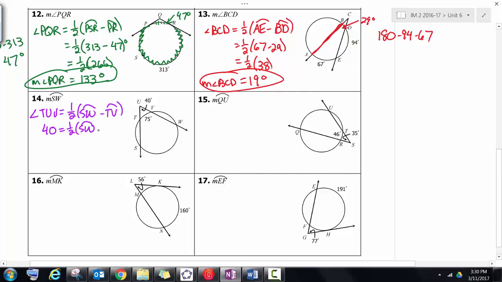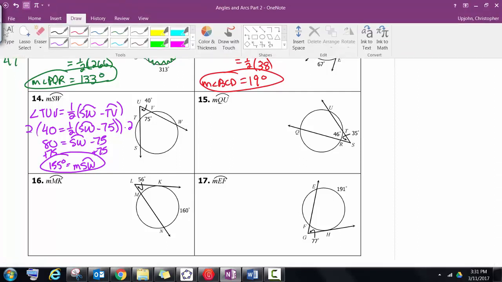We can mark it X, but I'm going to leave it as SW, and TV is 75. So what do we do here? Well, first, let's get rid of that 1/2 and multiply by 2. So we get 80 equals arc SW minus 75, and then add 75 to both sides. So the measure of arc SW equals 155 degrees. You're just working backwards. And that's what these last problems are.